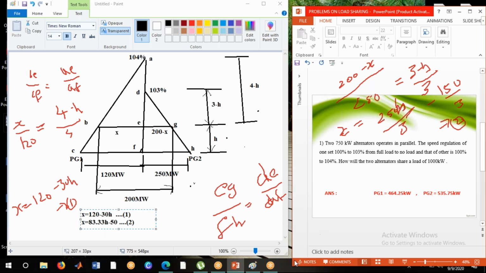So the 75 is we got X equals to 75, right? So this is the portion of 75. It means that 75 is the power generated by the PG1. So out of 200, 75 is power generated by the power 1, and remaining 125 is generated by the 2.